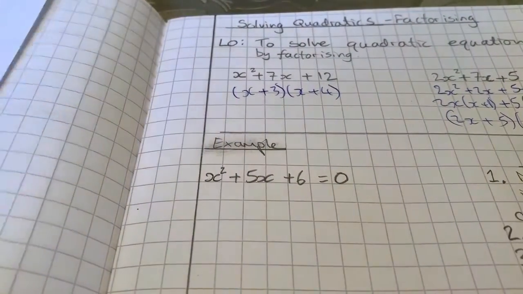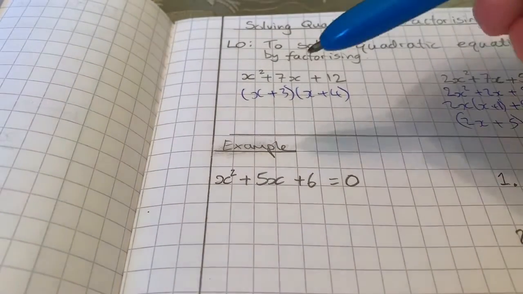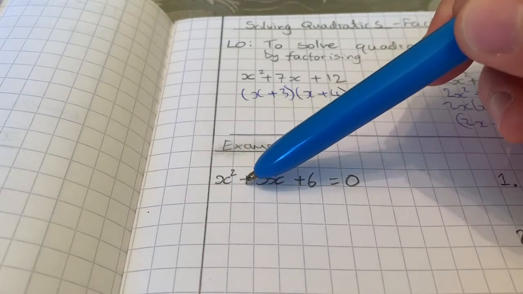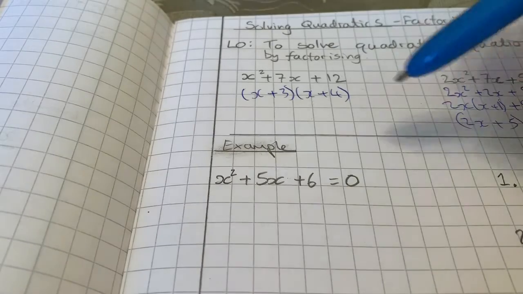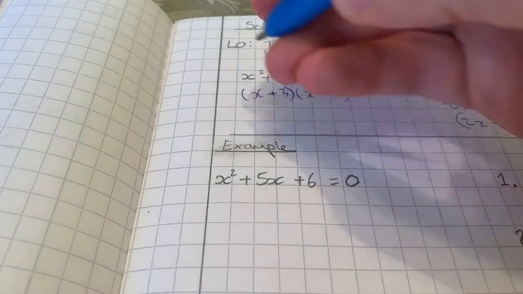So here we go. First example, I've got x squared plus 5x plus 6 is 0. So that first step was to make sure it's in that form. It is. Now I'm going to factorise this as normal.